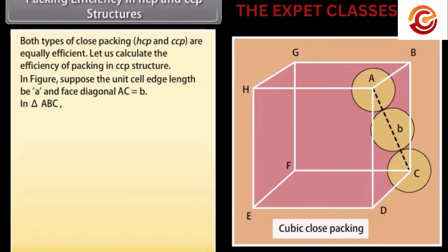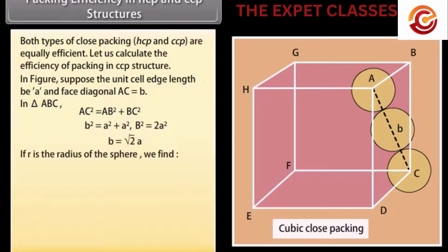In triangle ABC, AC square is equal to AB square plus BC square, or b square is equal to a square plus a square, or b square is equal to 2a square, or b is equal to square root 2a. If r is the radius of the sphere, we find b is equal to 4r, which equals square root 2a, or a is equal to 4r upon square root 2, which is equal to 2 into square root 2r.